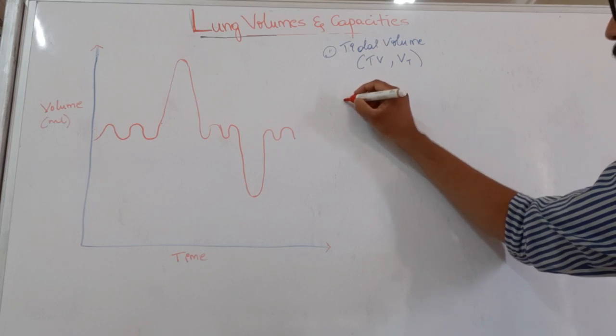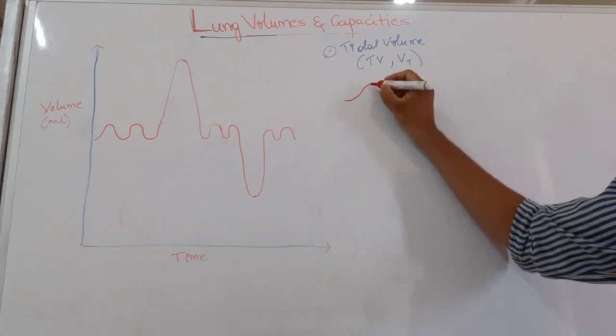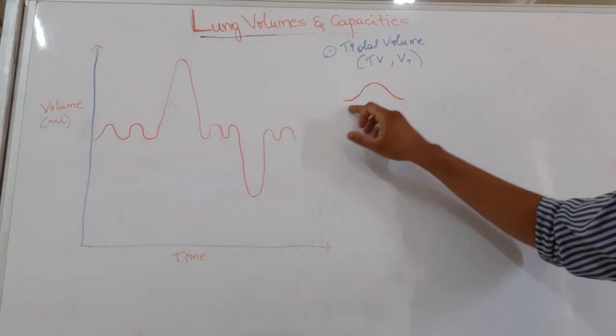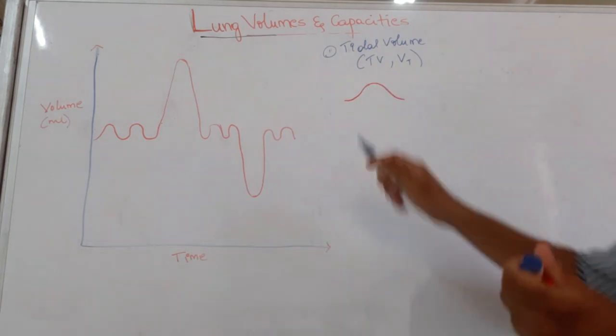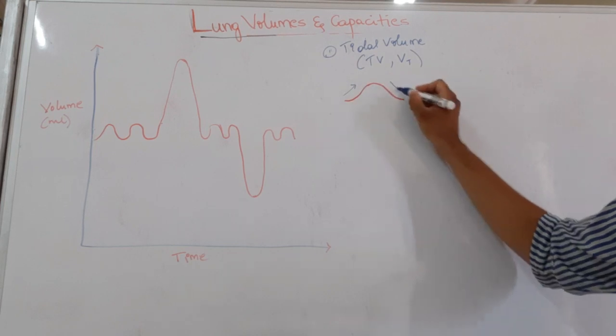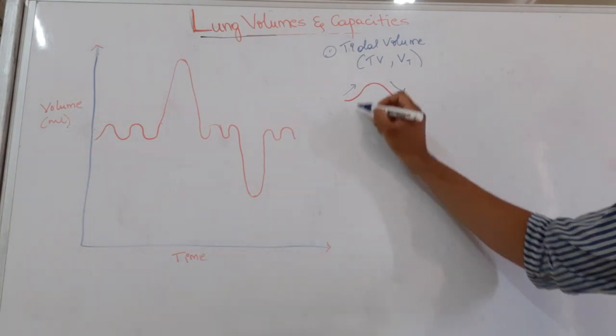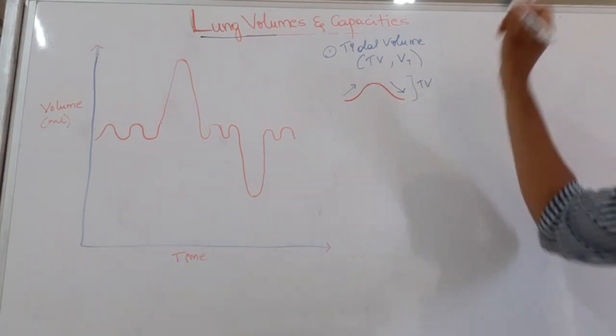In a respiratory cycle, we have an inspiratory phase and an expiratory phase. The amount of air that goes in and the amount of air that moves out during the inspiratory and expiratory phase is referred to as tidal volume.